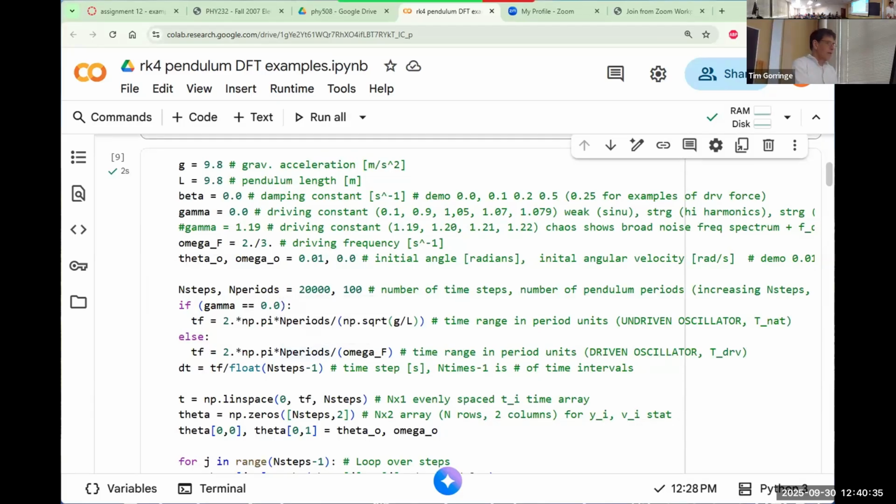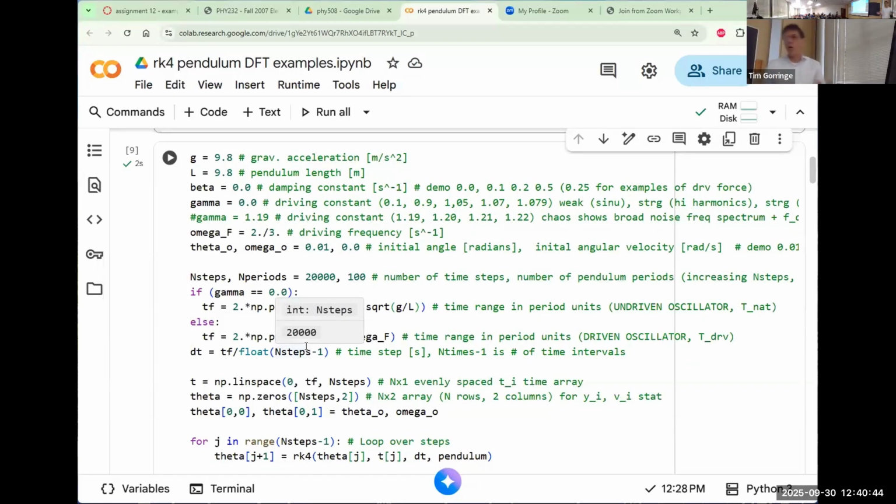So in this cell, I'm showing you the code for defining the conditions for the pendulum, and defining the space, discrete time space, and dependent variables for the pendulum, and solving the ordinary differential equation for the pendulum exactly as we met before.